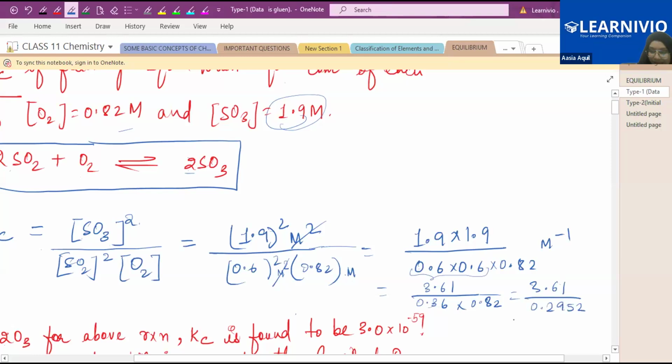Just divide these two and you will get 12.22 something. So you can write the approximate value as 12.2 per molar. That is your constant, that is your Kc value. What is Kc over here? 12.2 per molar.